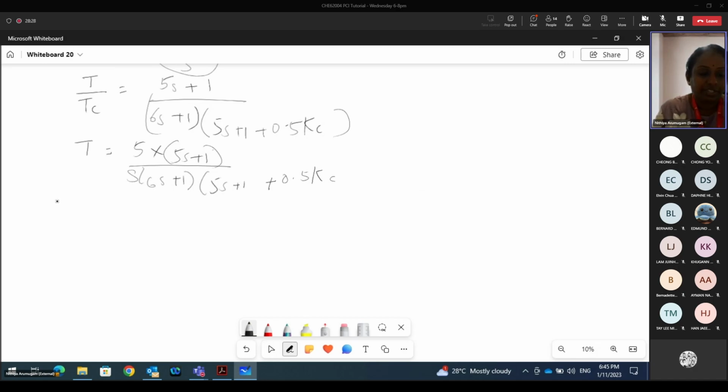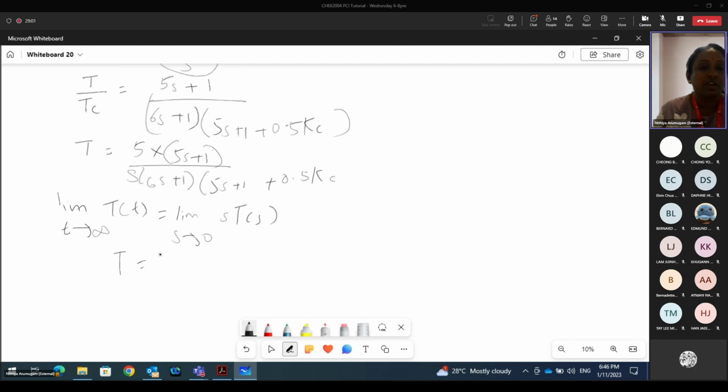To solve this, we know the final value theorem, in which the limit of T as t approaches infinity can be expressed as the limit of s times T(s) when s approaches 0. Now we already expressed this in terms of set point unit step change, so we will be simplifying these equations.